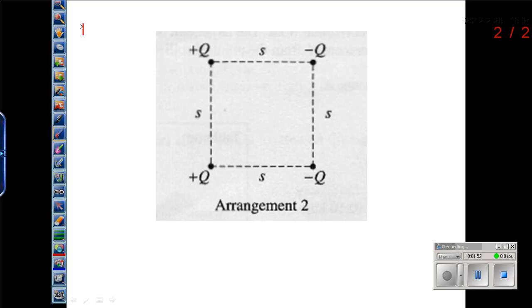The electric field at any arbitrary distance r away from a point charge Q is given by K times Q divided by r squared. This is going to give you the magnitude of one of those small vectors that we drew previously.